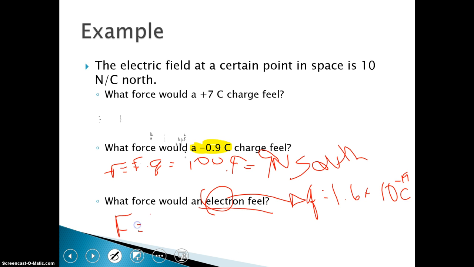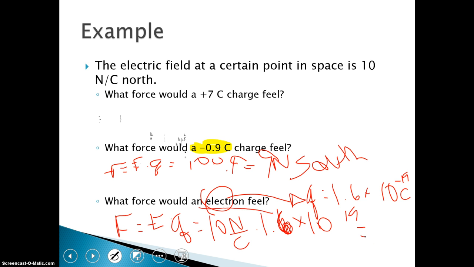So the force will equal E times Q. So that is 10 newtons per coulomb times 1.6 times 10 to the negative 19, which is 1.6 times 10 to the negative 18 newtons. And let's talk about direction. Electrons have a negative charge. Therefore, the force will be south.